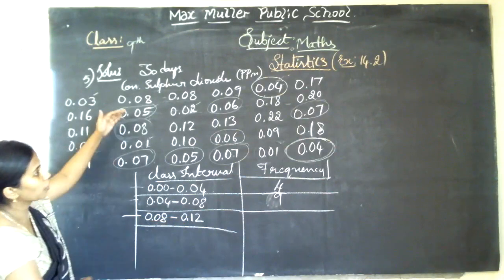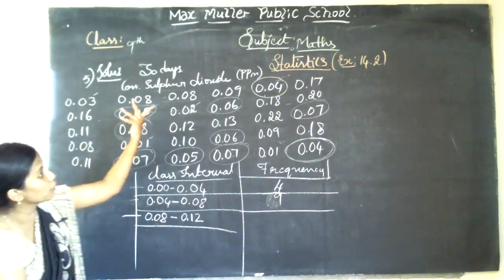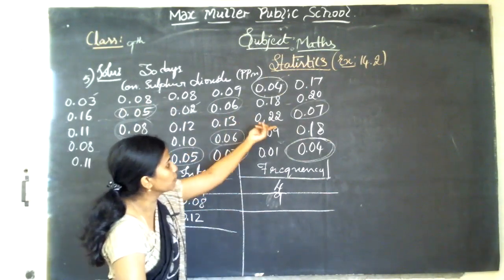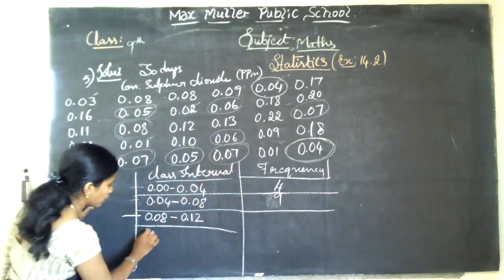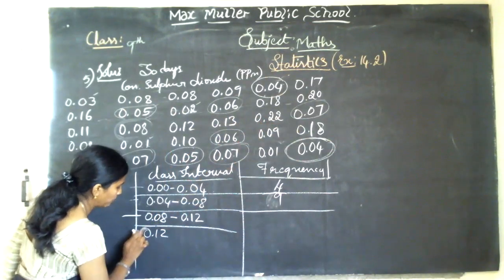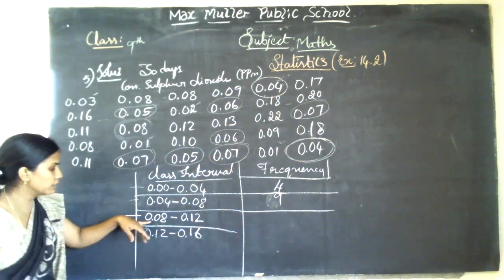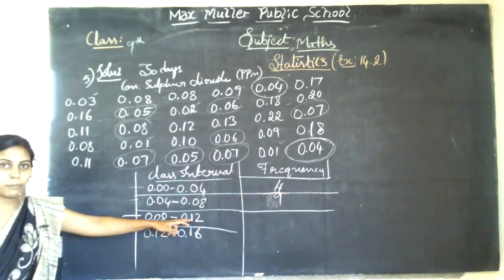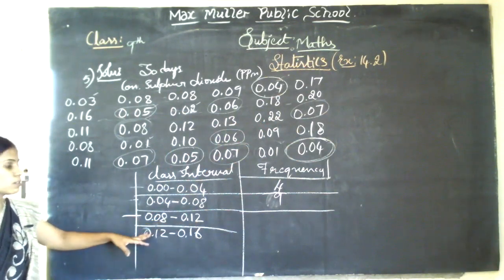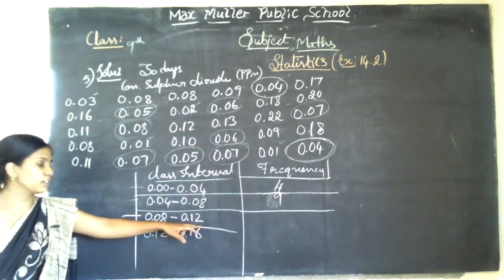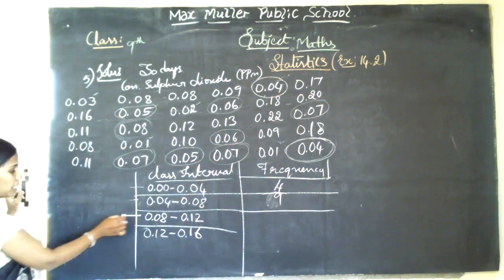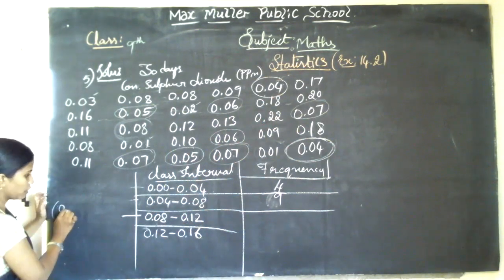Next, what is the range? 0.22 means you have to continue. So 0.12, 0.16. Again, the 0.12 will come in the next row. So leave 0.12.